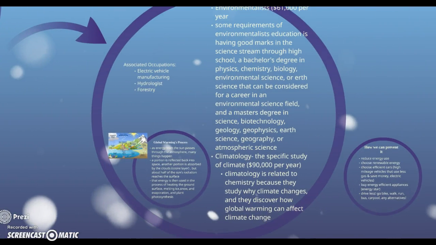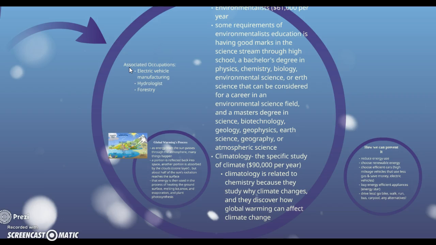Careers in global warming. Some careers that deal with global warming are environmentalists and climatologists, which are people who deal with climatology, the specific study of the climate. Climatology is related to chemistry because they study why climate changes and discover how global warming can affect climate change.